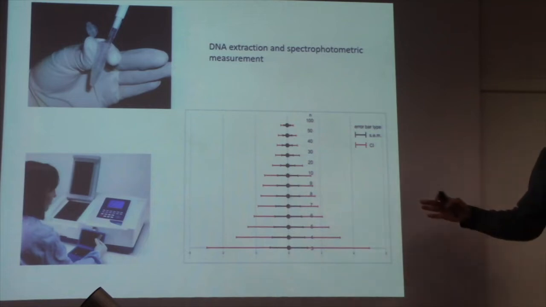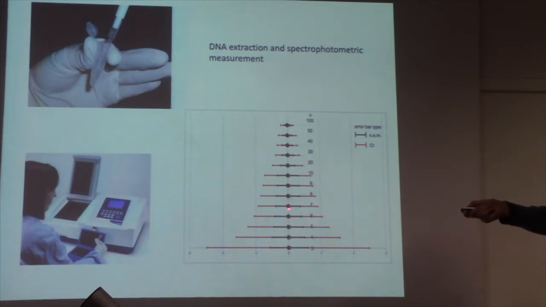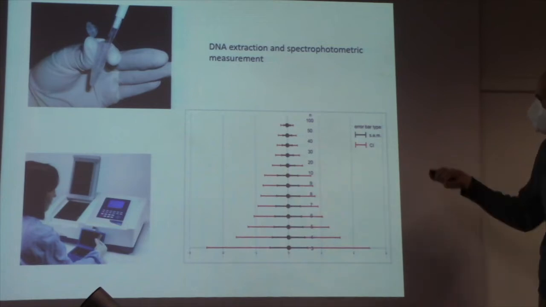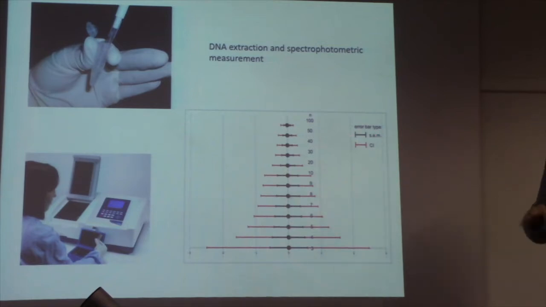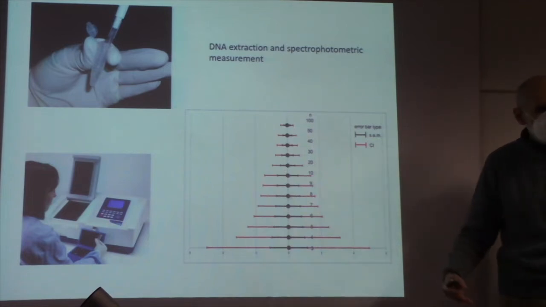As you see, the uncertainty is very wide. But then, as you increase the number of repetitions, the uncertainty becomes narrower and narrower. That's a statistical effect. Basically, it's because at the denominator you have n, the number of observations. So the higher n, the lower the error.